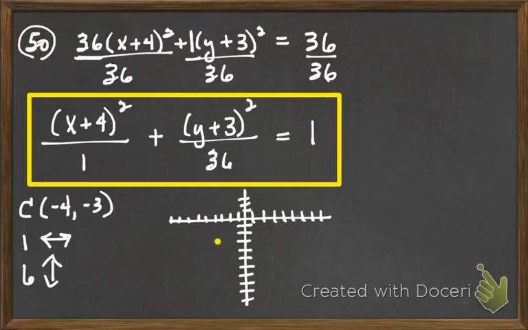All right, left and right, 1. Up and down 6. All right, mine's not perfect, but y'all get the idea.